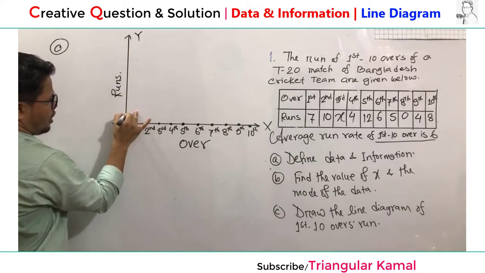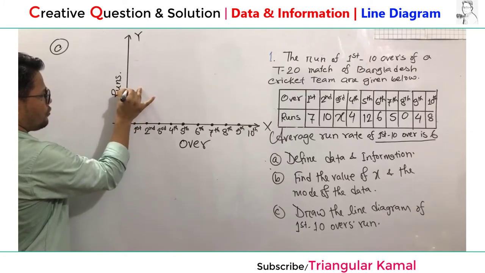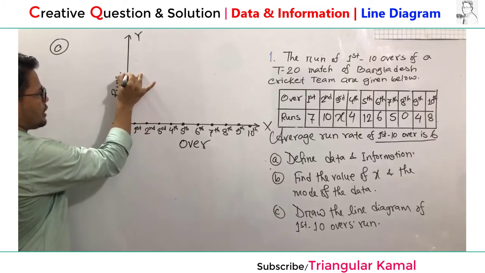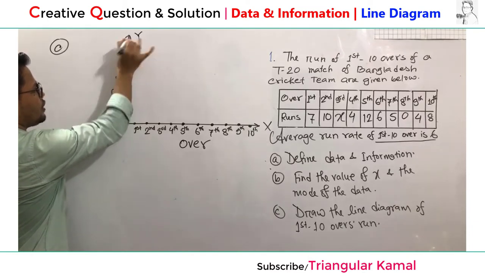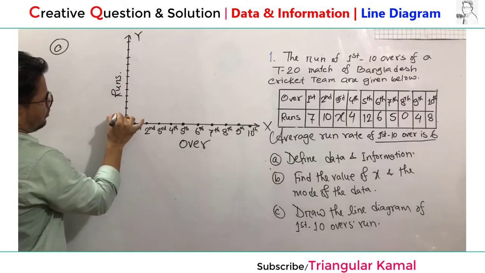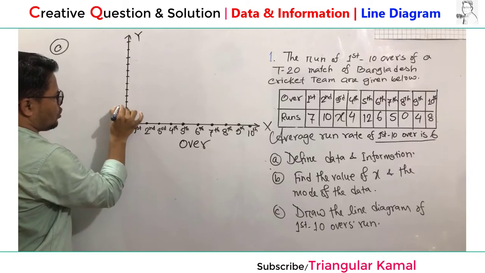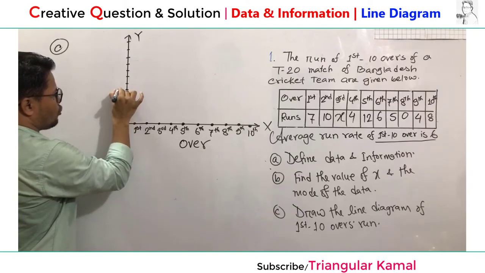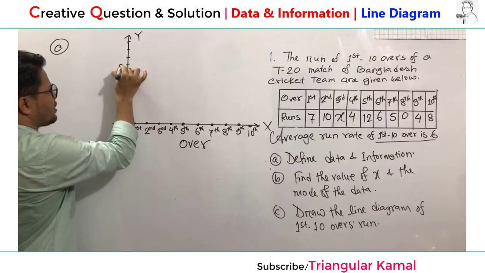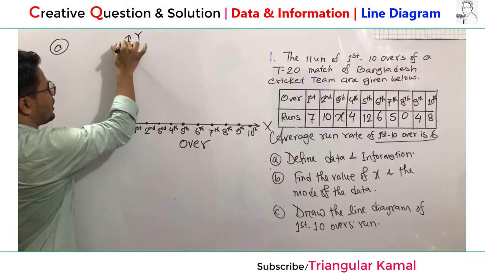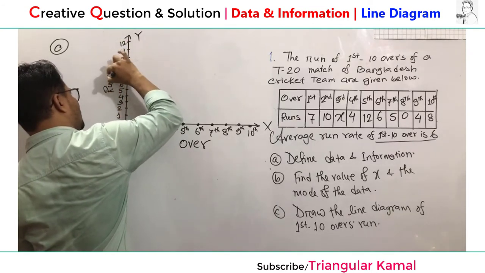This is 1, 2, 3, 4, 5, 6, 7, 8, 9, 10, 11, 12. We write the runs 1 to 12, and this y-axis is for runs.